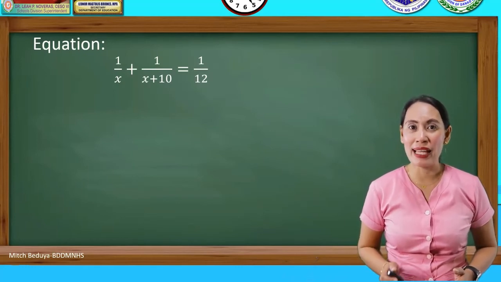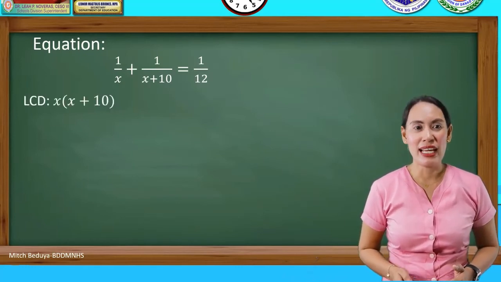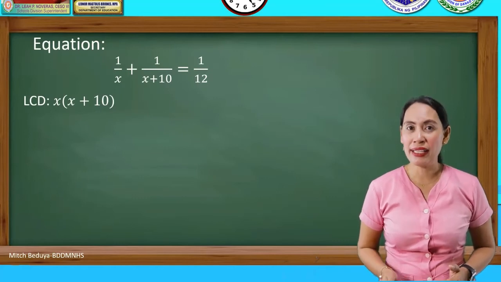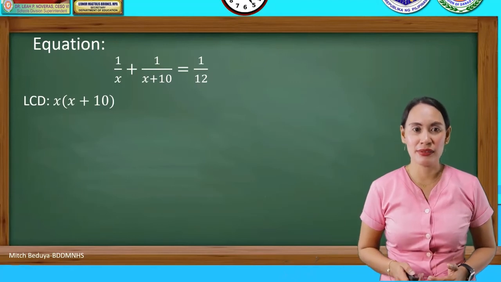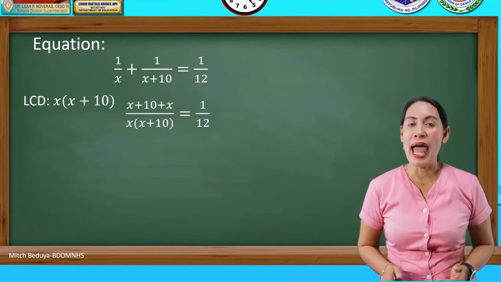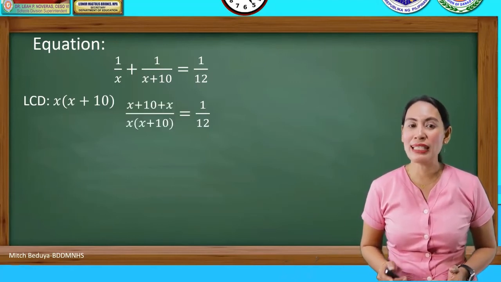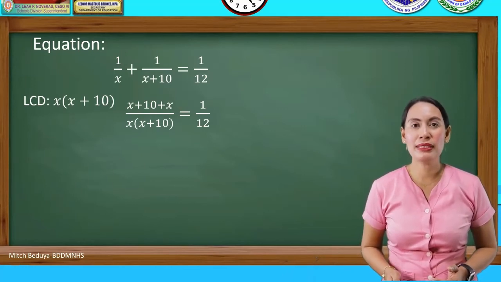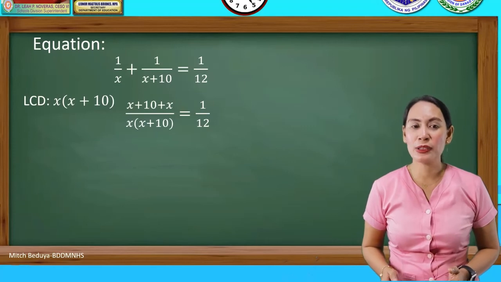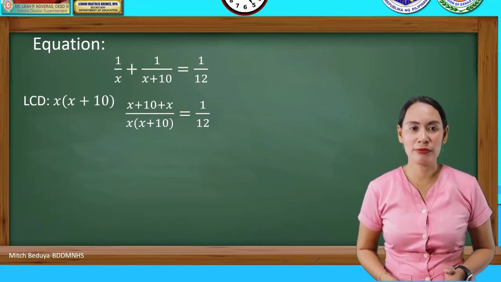So what is the LCD? Yes, the LCD is x times the quantity x plus 10. So we have x plus 10 plus x all over x times the quantity x plus 10 equals 1 over 12.